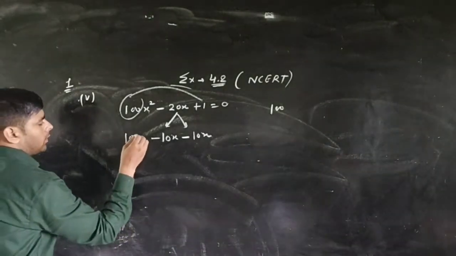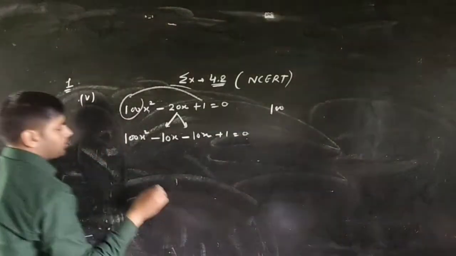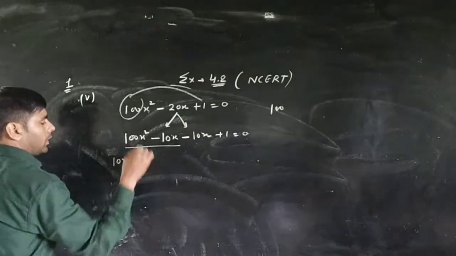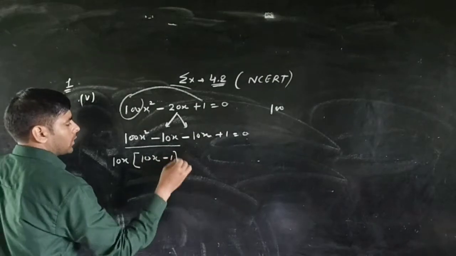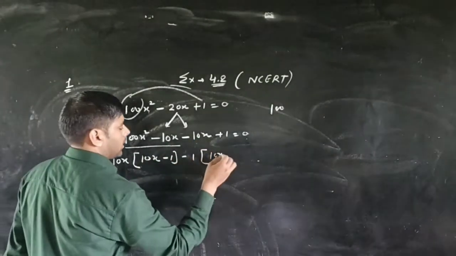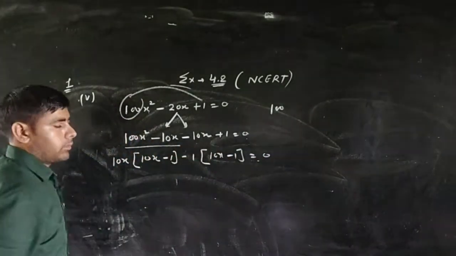So 100x square minus 10x minus 10x plus 1 is equal to 0. From here 10x is common, 10 tens are 100, giving 10x minus 1. From here minus 1 is common, giving 10x minus 1. If we take the negative out, the sign will change.